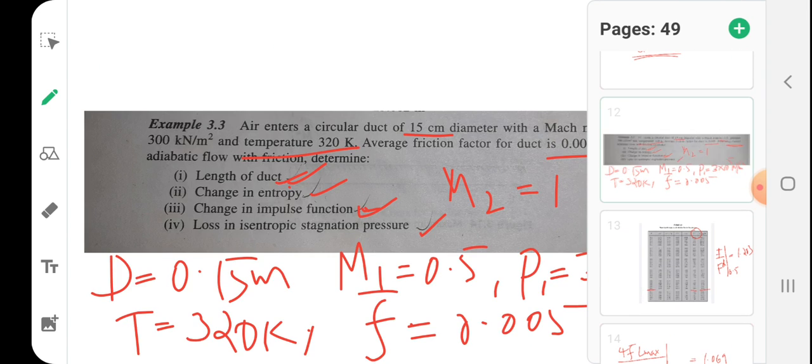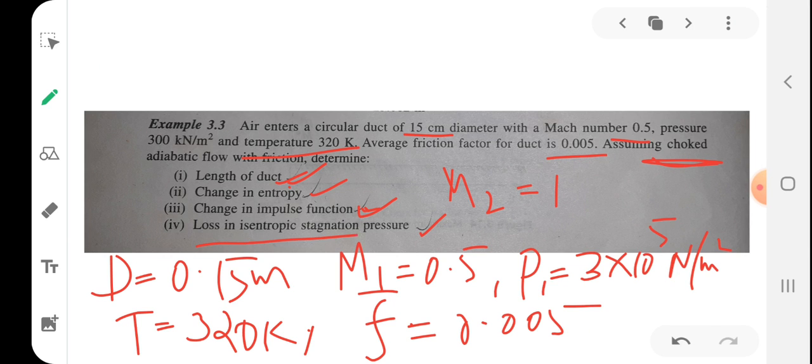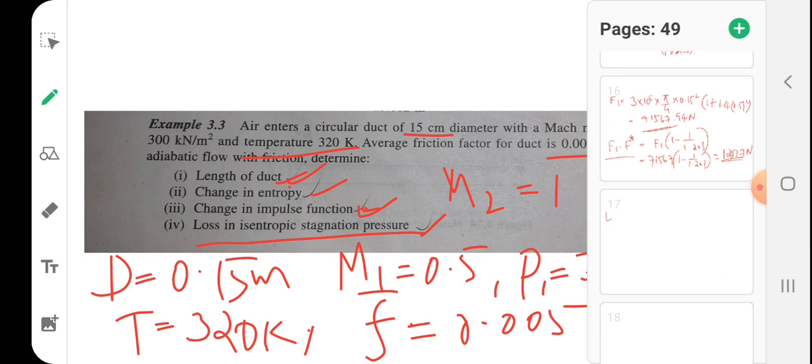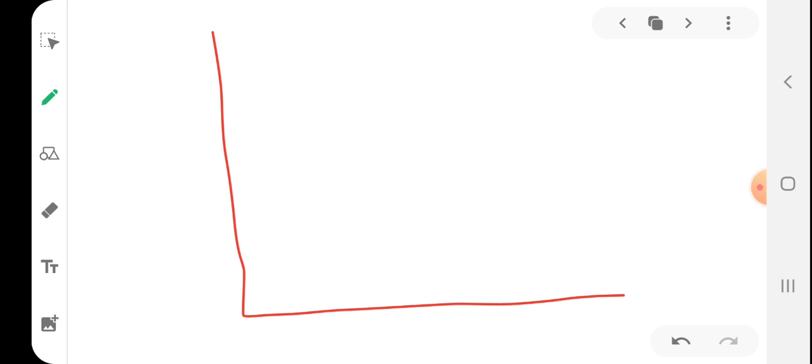Now we have to calculate the loss in isentropic stagnation pressure. Students, you know the diagram. Since the Mach number is 0.5, it will be on the upper side. This is 1, the star, choked condition.